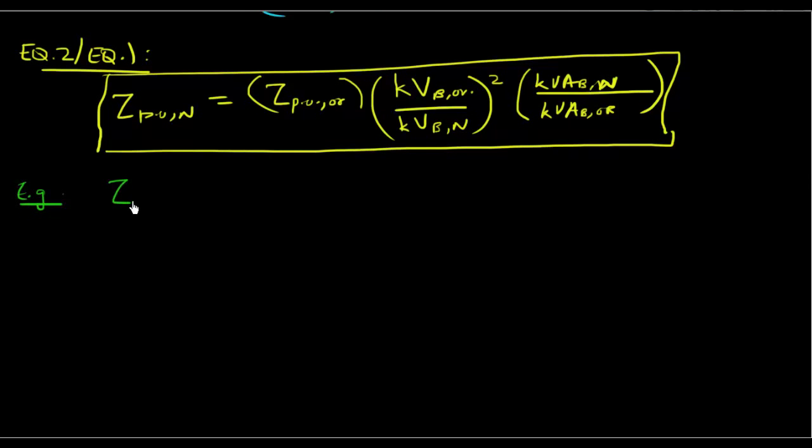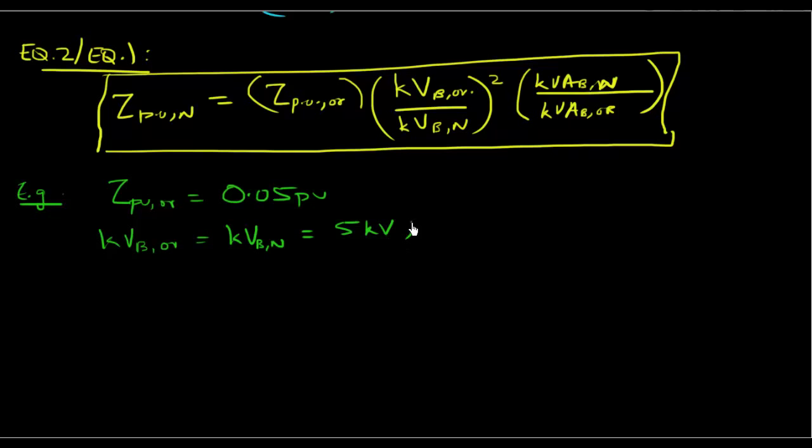We are given Z per unit original as being 0.05 per unit. kV base original is going to be equal to the kV base new. In a transformer, you'll see in the sample problem I'll give you different voltage bases, so you'll see an example of that as well. But in this case, it's going to be the same, which is 5 kV.